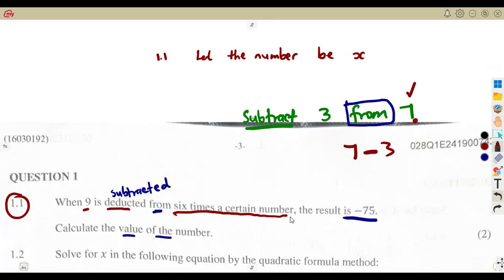So if we understand this statement, guys, here they're saying we are going to subtract 9 from 6 times a certain number. Our number is X, so we have 6X. Remember, from.